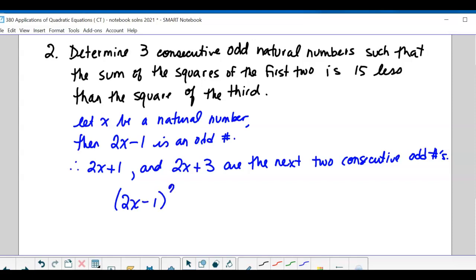So the sum of the squares of the first two is 15 less than, so you want your minus 15 at the end, the square of the third. Don't put 15 minus, right? So it's 15 at the end, subtract 15. So now, square everything out, solve that equation.